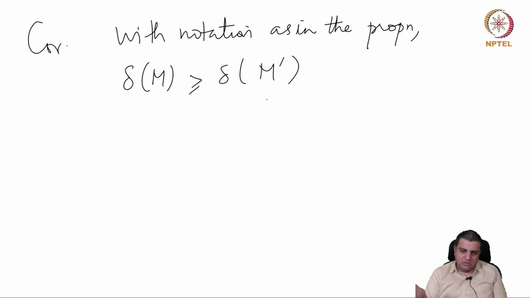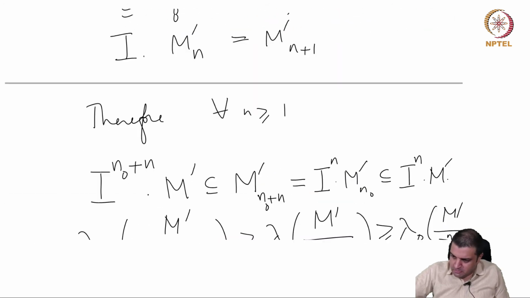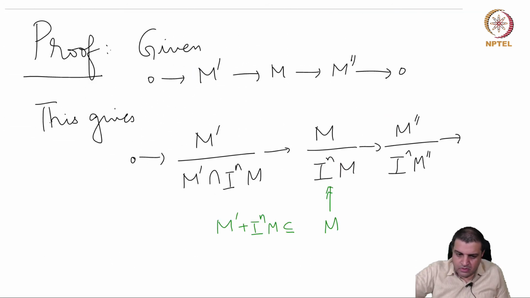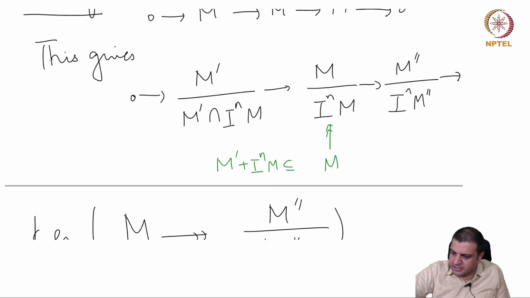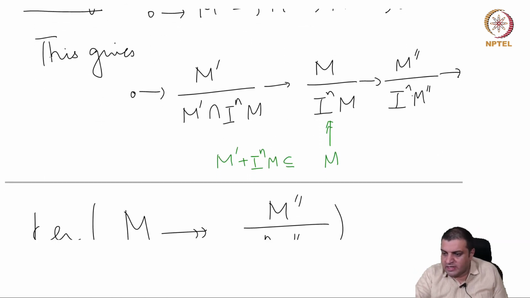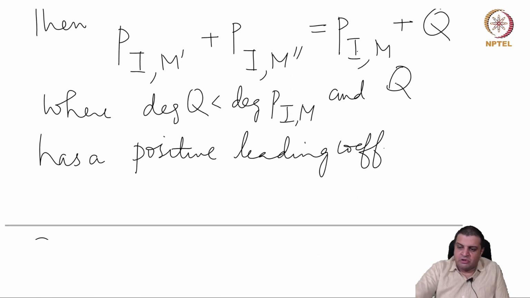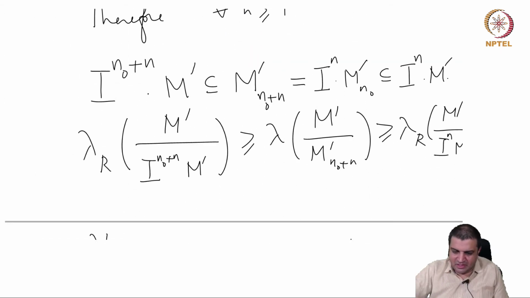It is sort of easier to see because of the surjectivity. I mean, this length is always less than or equal to this length. So the degree of this polynomial for m double prime will always be less than or equal to the degree of PIM. It's the other one that required some argument.